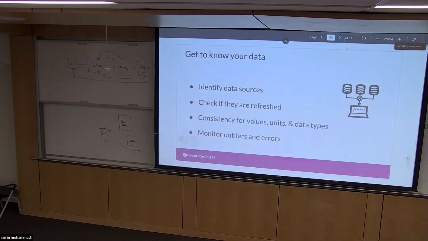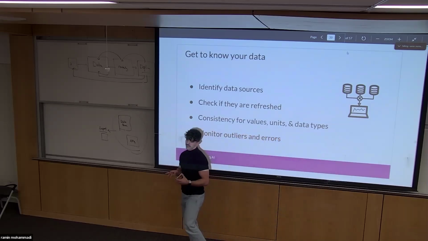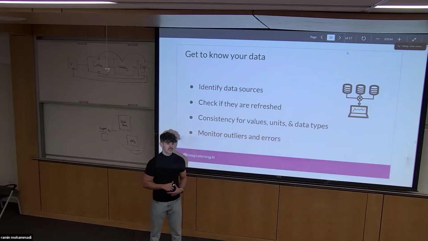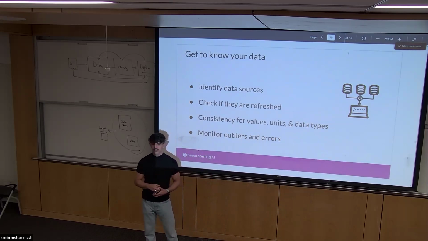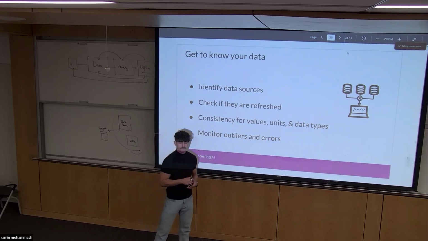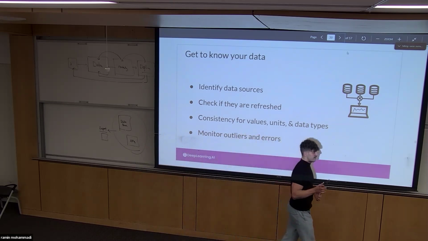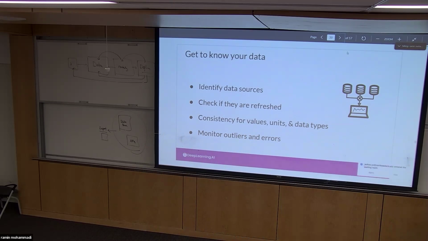Now, also be sure that you get to know your data, identify your data source, where this data comes from. It's really important, especially these days. We are in an era where the internet has lots of bad data, called data poisoning. So whatever data you download, open source data, be sure that the source of that data is actually trustworthy.